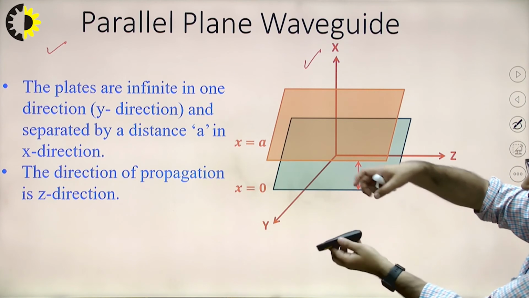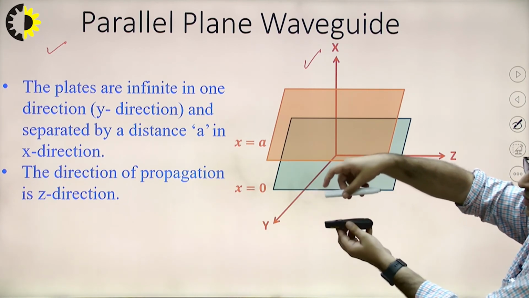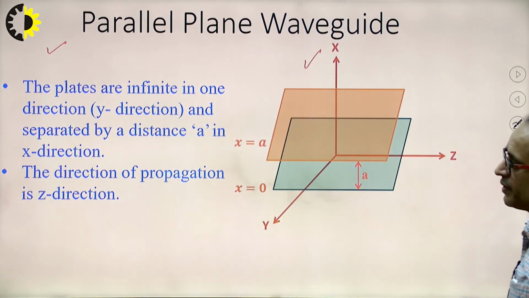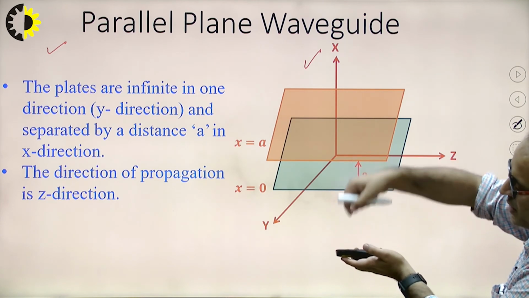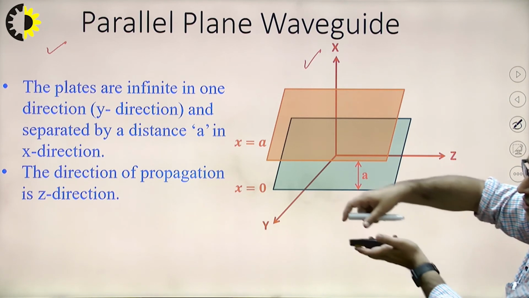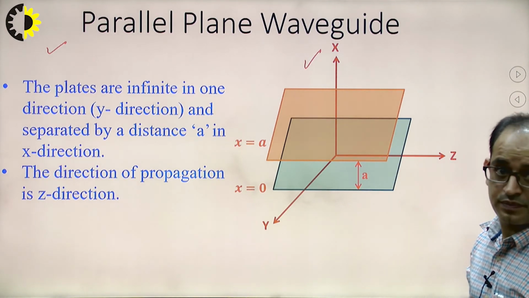This is one plate and this is another plate, known as the parallel plate waveguide. This is the x direction, so the x direction is finite, and this is the y direction, which is infinite. Clear?